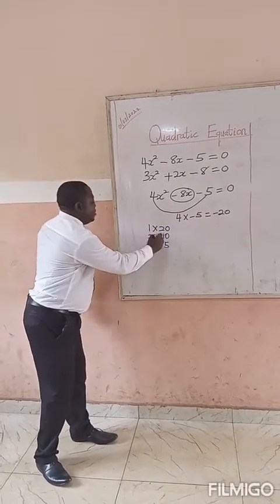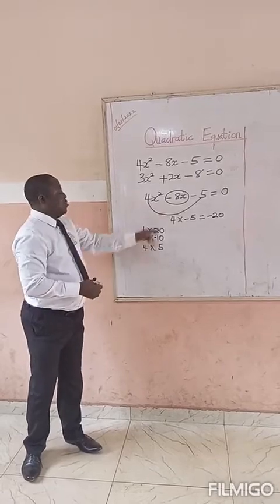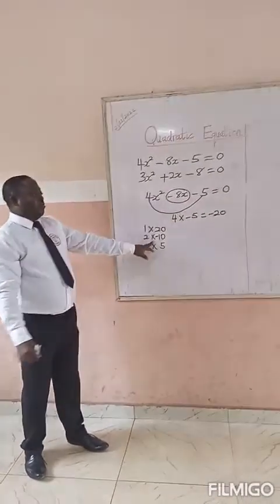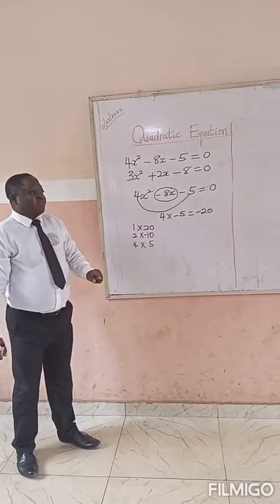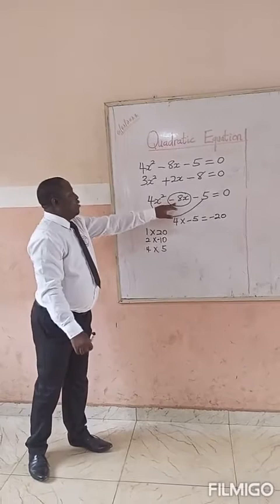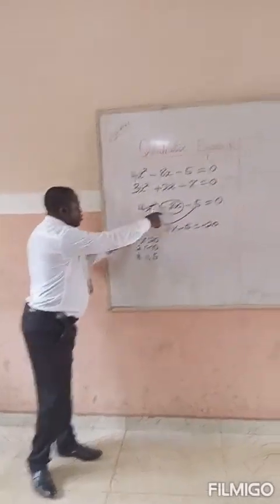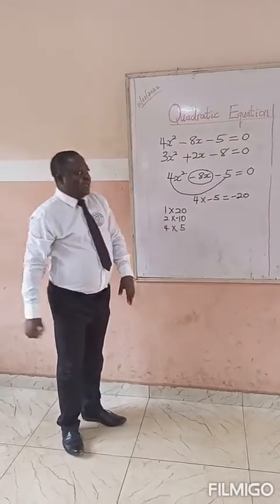So if you put minus in front of 10, then 2 minus 10 will give us minus 8. So this is the right combination for us. 2 and minus 10. So instead of minus 8x at the middle here, we want to substitute it with 2x and minus 10x.